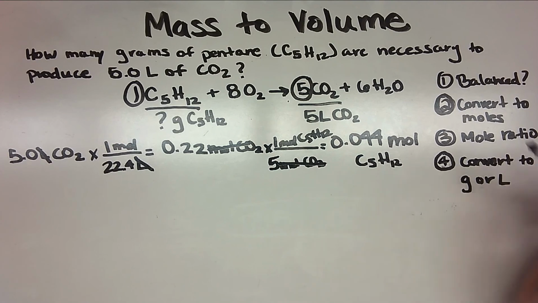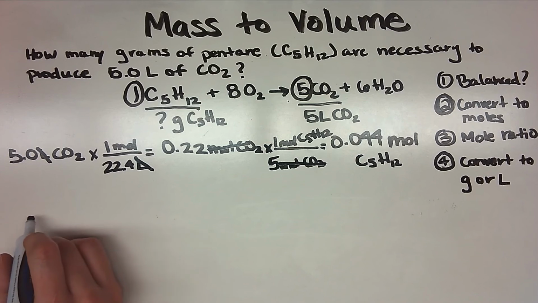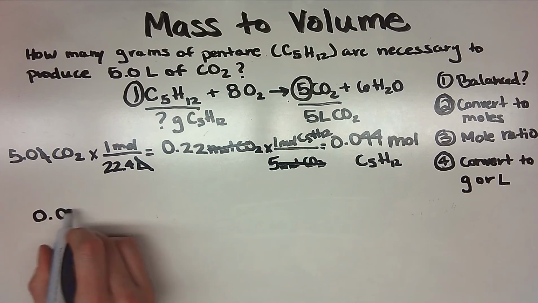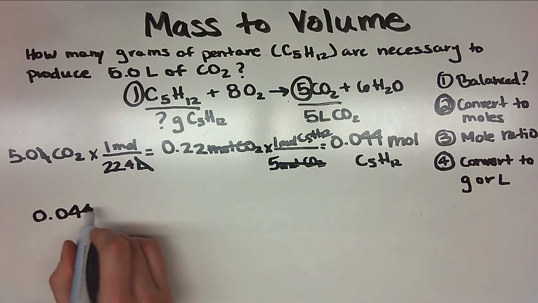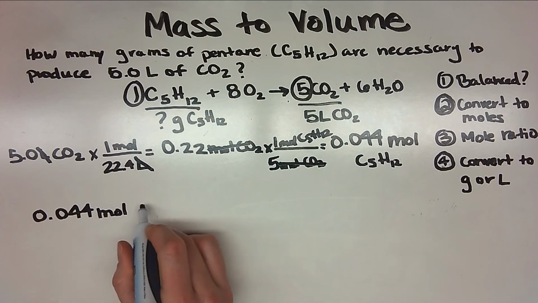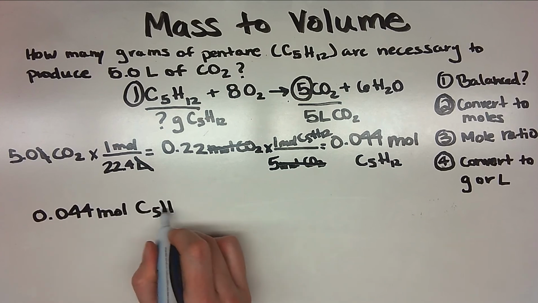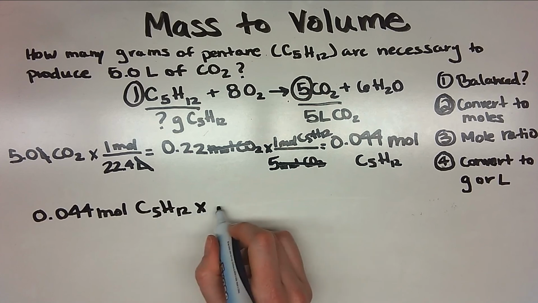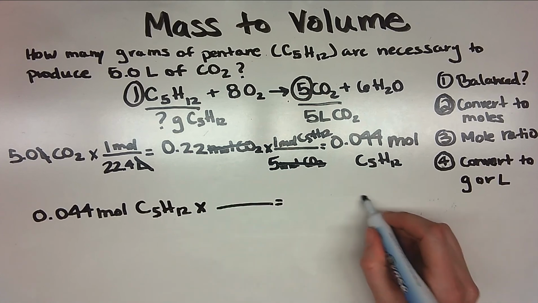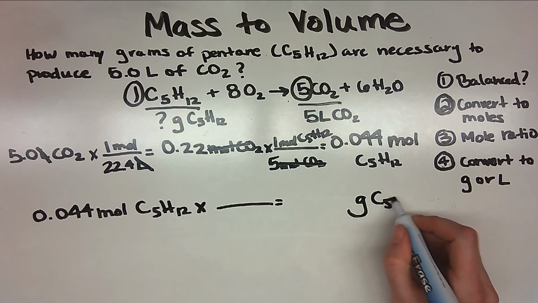So I'm not quite done yet. Now that I have my mole of pentane, I'm going to convert that to grams of pentane. So I'm going to move down here. So 0.044 mole of pentane. And I'm going to convert this to grams of pentane.